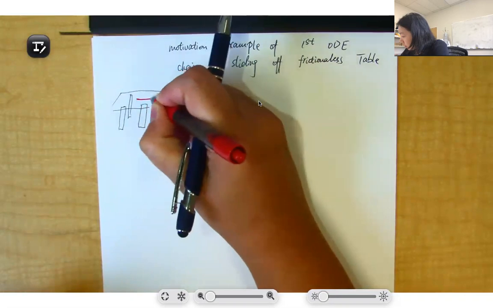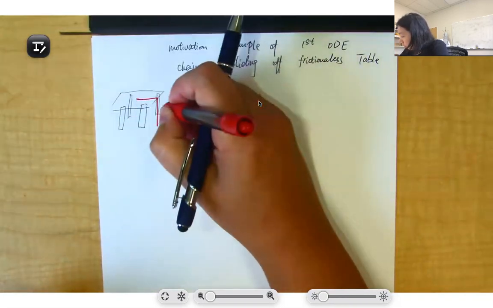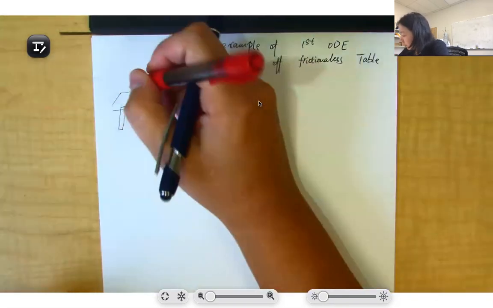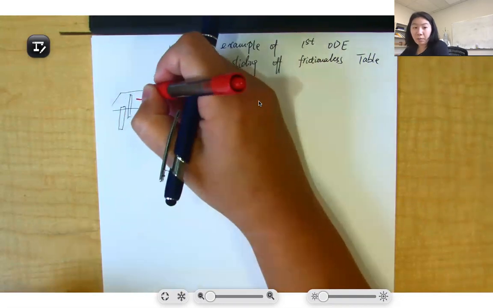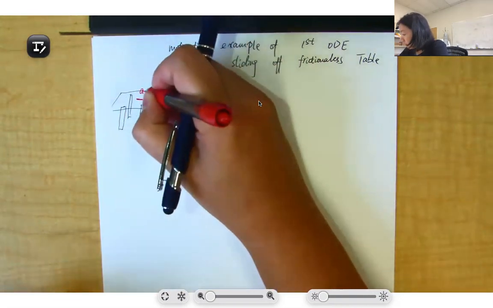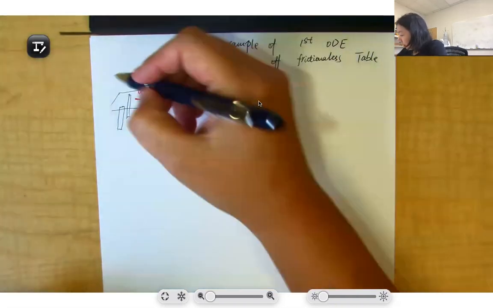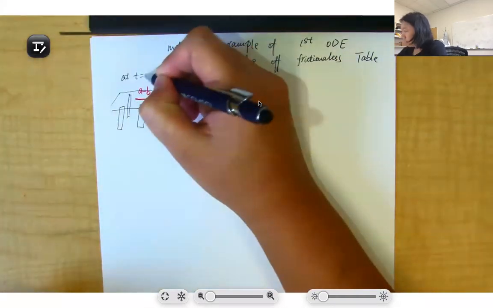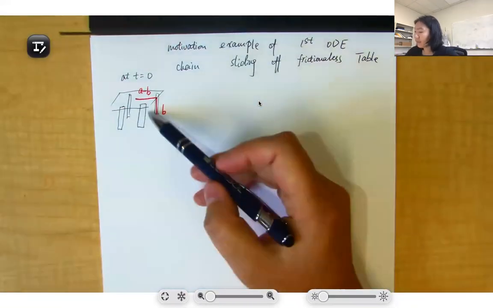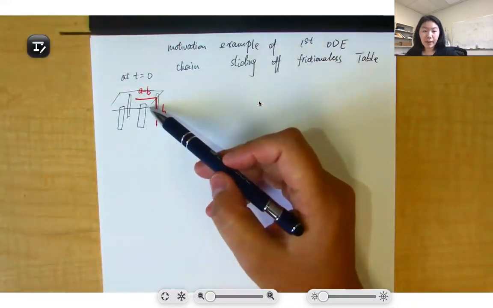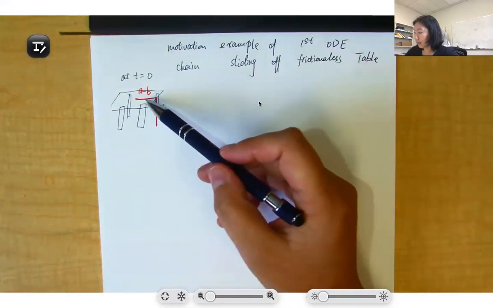The total length of the train will be A. And then the dangling part of the table is B. So the left part over the table will be A minus B. And this is at time equals 0. So at time 0, we have this string. Total length of A, the dangling part is B, the leftover is A minus B.